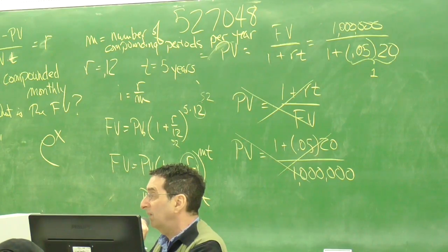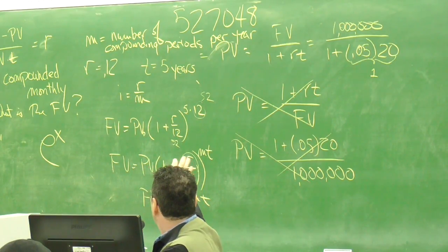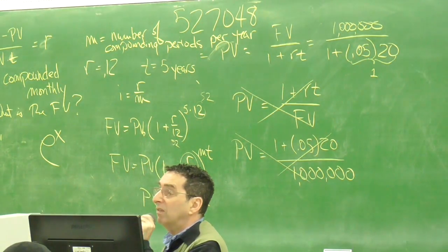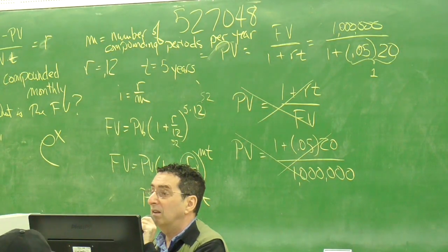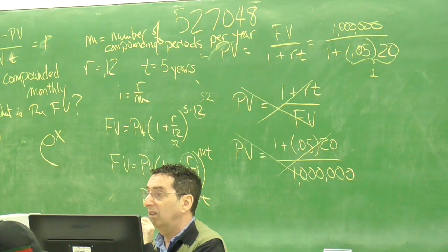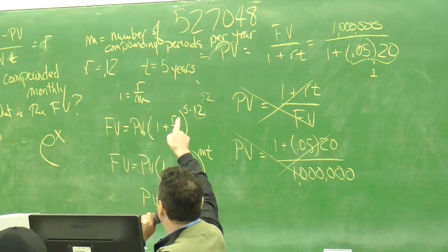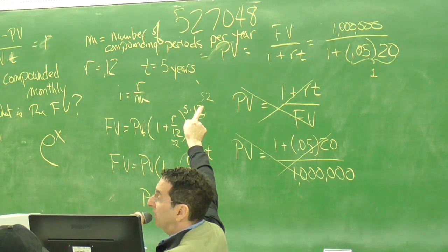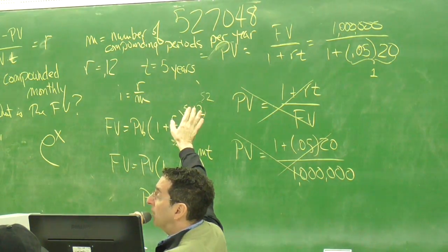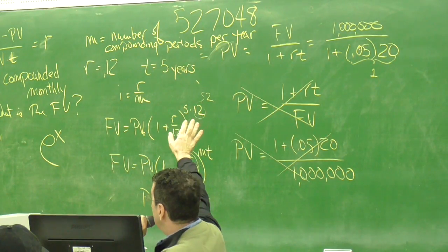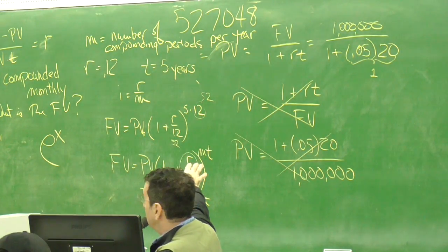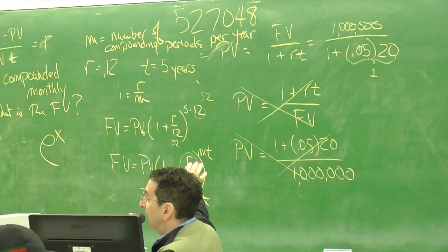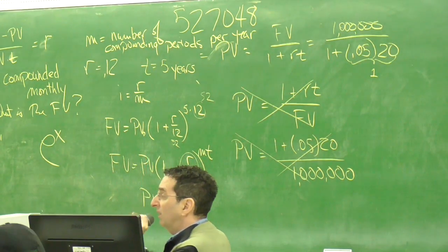And then we considered letting the number of compounding periods vary per year. So we introduced the m, which was the number of compounding periods per year, and we got a formula including m. Okay? So we have that now as well.